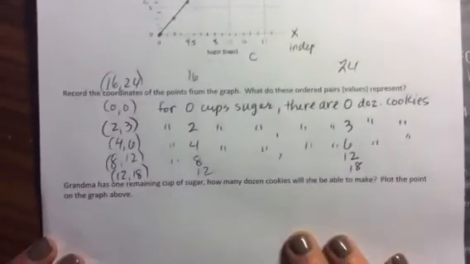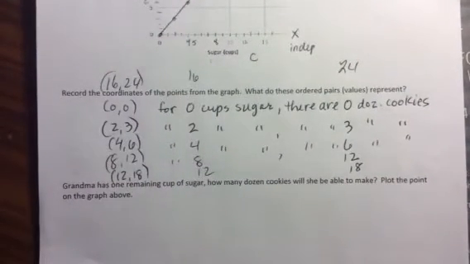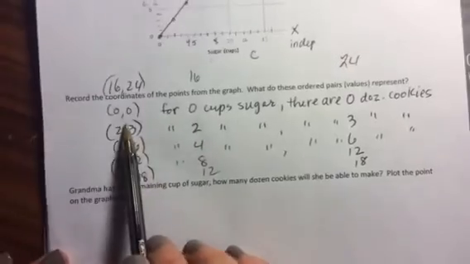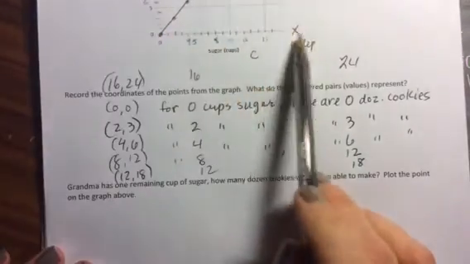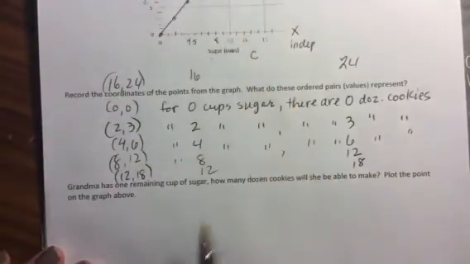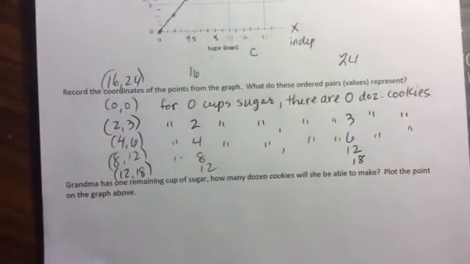All right, so if I come down to the next one, Grandma has 1 remaining cup of sugar left. How many dozen cookies will she be able to make? Plot that point on the graph. Well, what's the unit rate? This is our x, this is our y, or our c and our d, but it's independent over dependent. Oh, I said it backwards.